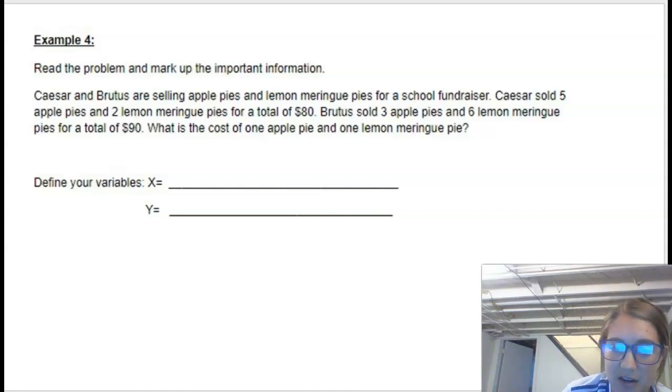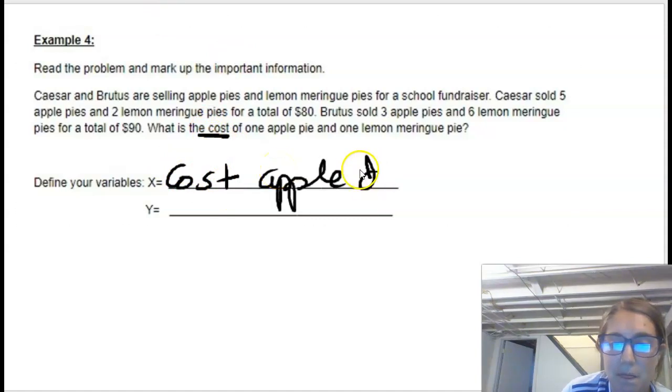So first let's define my variables. I'm going to let X, it's asking for the cost, so X is going to be cost of apple pie. And Y is going to be the cost of lemon meringue pie, which I'm going to abbreviate.